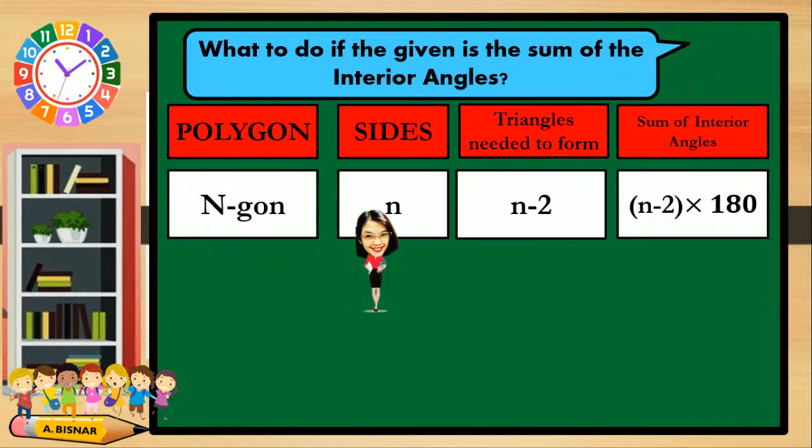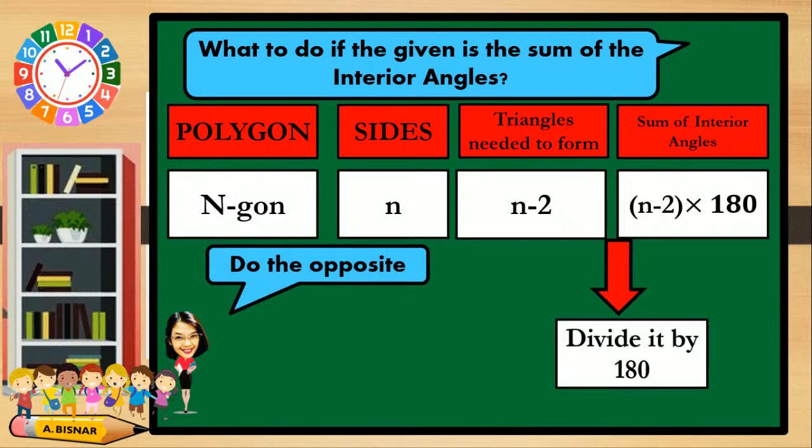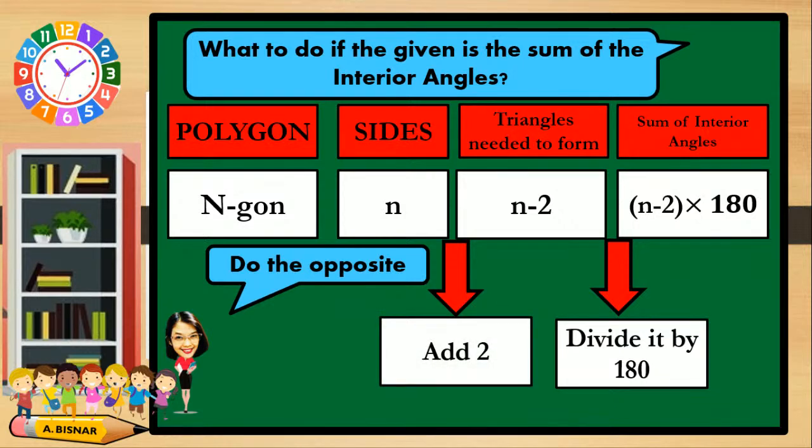So, ano ang gagawin? You have to do the opposite. A while ago, you are multiplying it to 180. Now, you will divide it by 180. After you divide it by 180, a while ago, you are subtracting 2. Now, you will add 2.